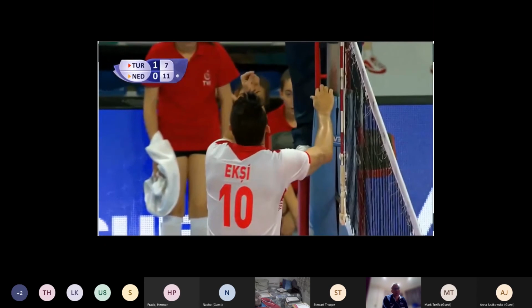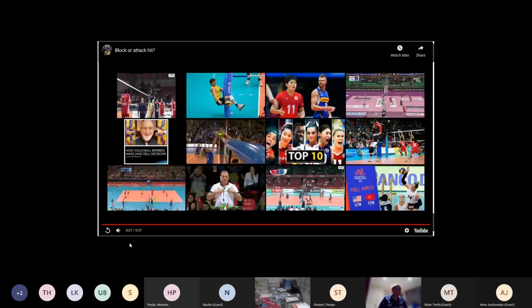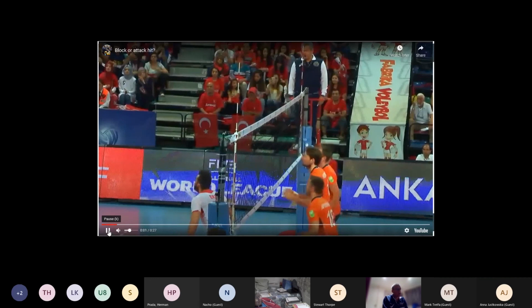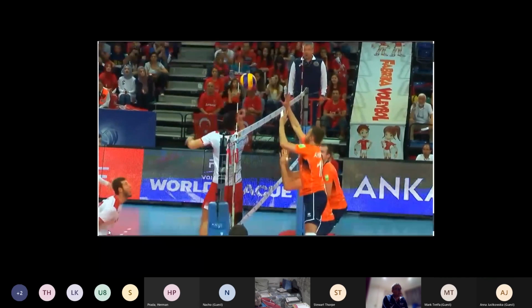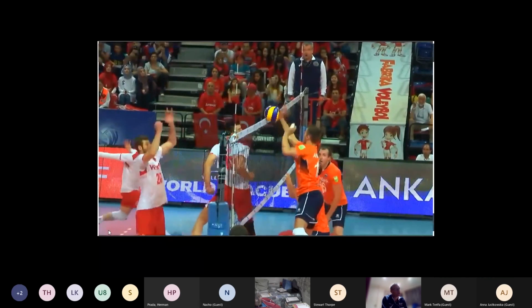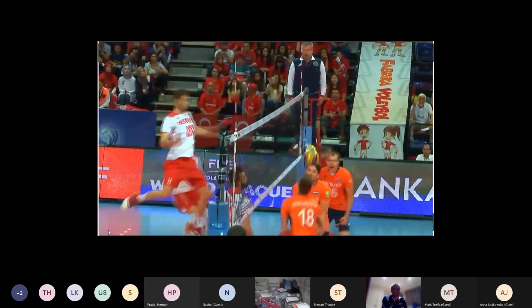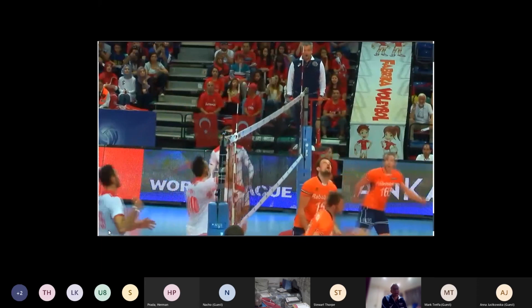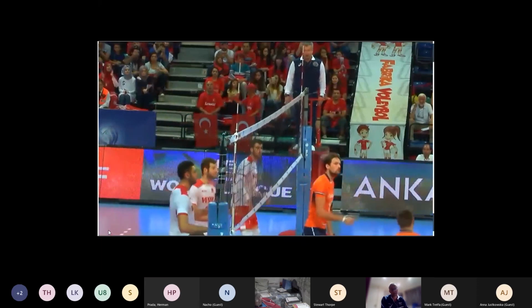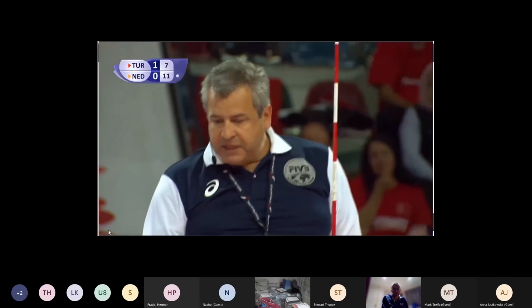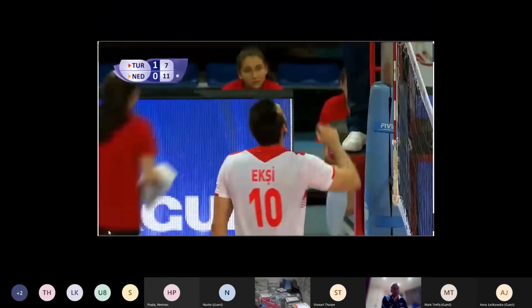The other elements which are key here are the blocking action, and we remember that the block is attempting to intercept a ball coming from the opponent by reaching higher than the top of the net. Well, I think that number 18 has actually met all of the elements of a block in that action and none of the elements of an attack hit.